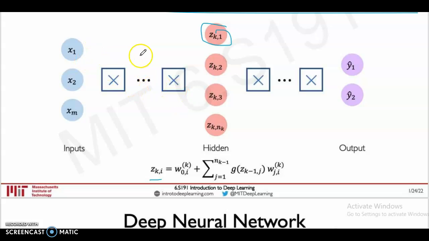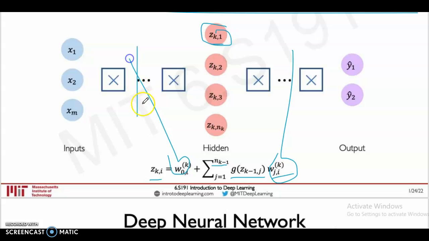Here inside, plus the summation of j equal to 1 to n(k-1) of g of Z(k-1),j into wj,i. Here Zk up to here.